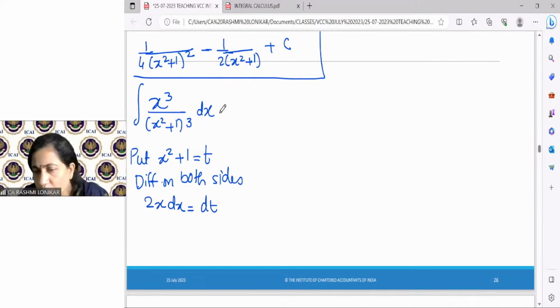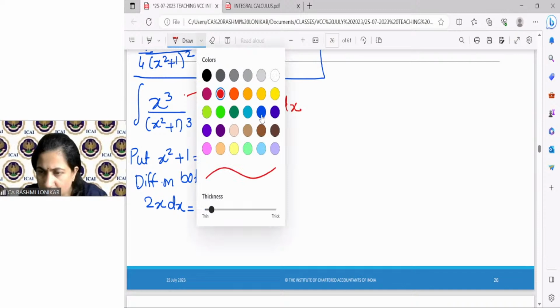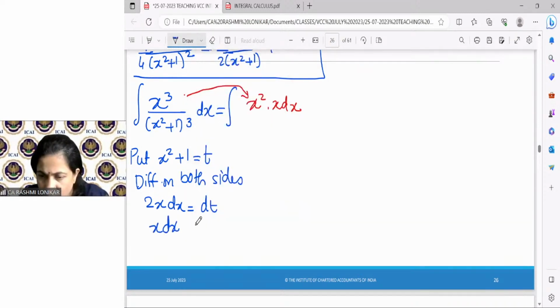Most important step here is writing this as x square into x dx. That is the most important part. Other than that, everything is solvable. x dx is equal to dt upon 2.